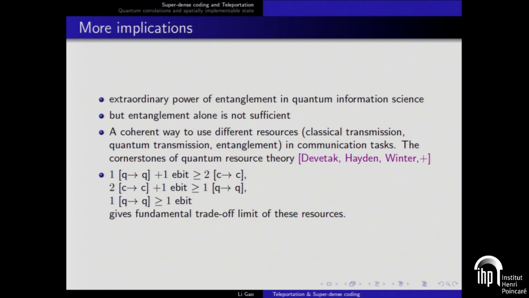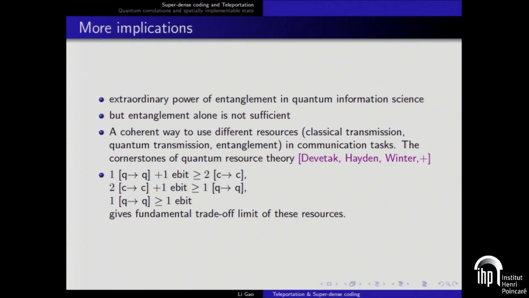This forms the cornerstone of the quantum resource theory developed by Devetak, Hayden, Winter, and many others. And also, the rates in the protocols actually form fundamental trade-off limits of these resources. So far, that is the operational meaning of these two protocols.